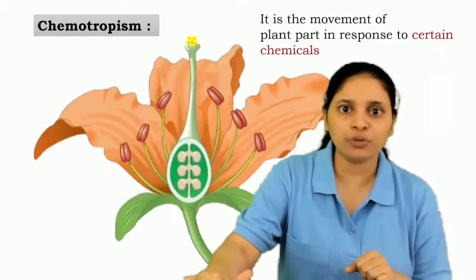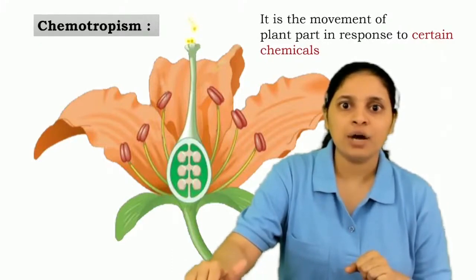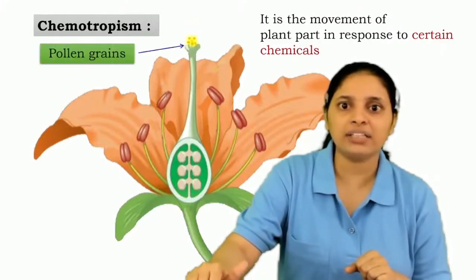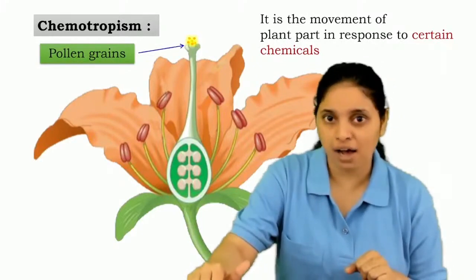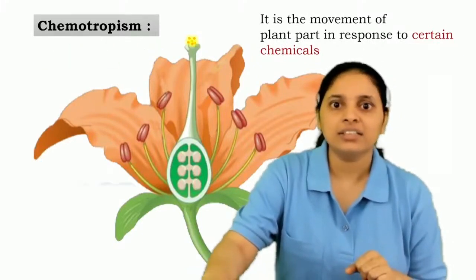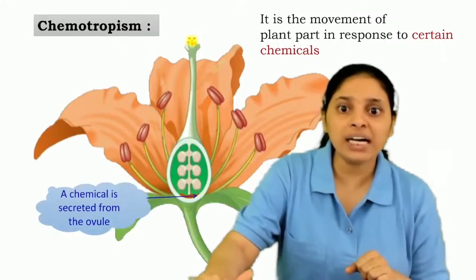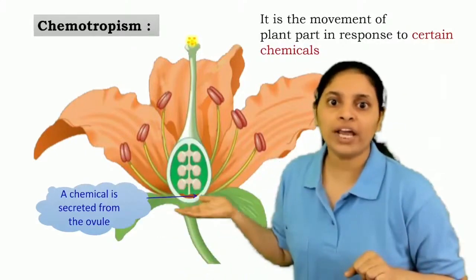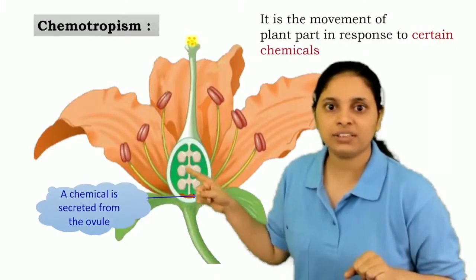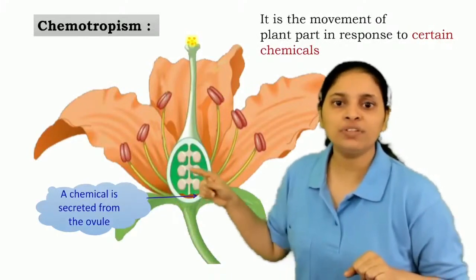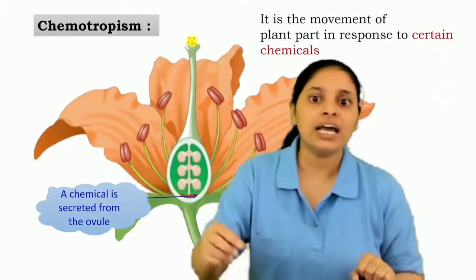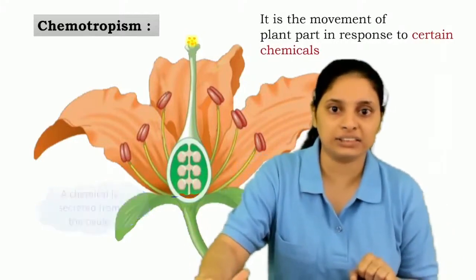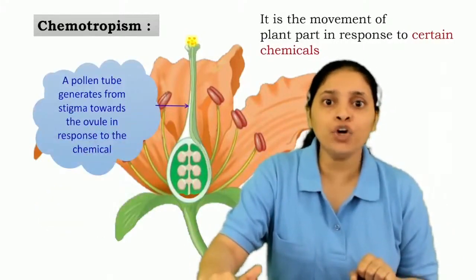For example, as you can see in the diagram, pollen grains are released by the stigma, right? Next, observe carefully. Chemicals which are secreted from the ovules. These tiny circles are the ovules which are present in the ovary. So here chemicals are released. Okay, a tube-like structure.